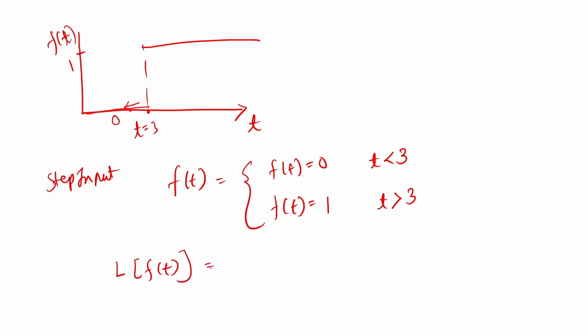The formula for the Laplace transform is given by the integration from 0 to infinity of e raised to minus st times the given function f of t dt. So we can write the Laplace transform of f of t in the s domain as F of s equal to the integration from 0 to infinity of e raised to minus st times f of t dt.